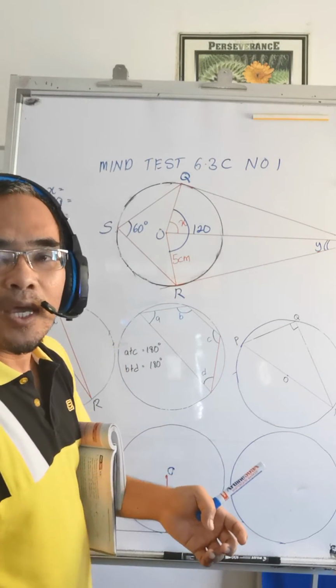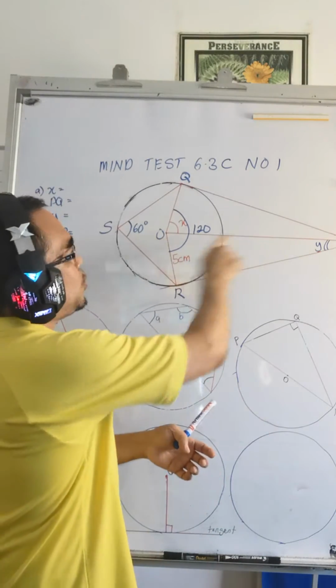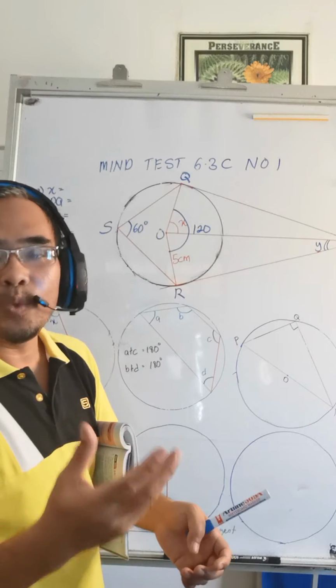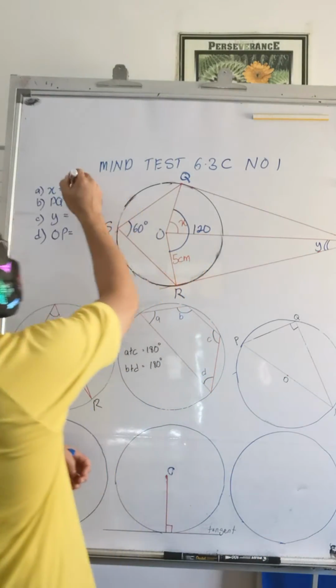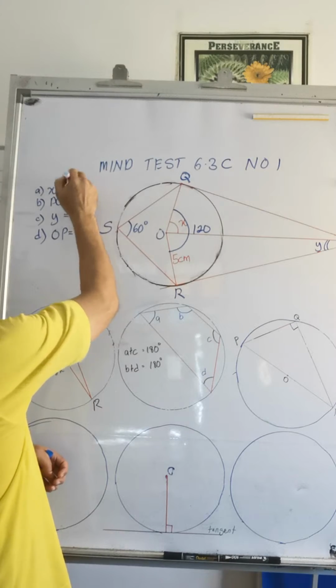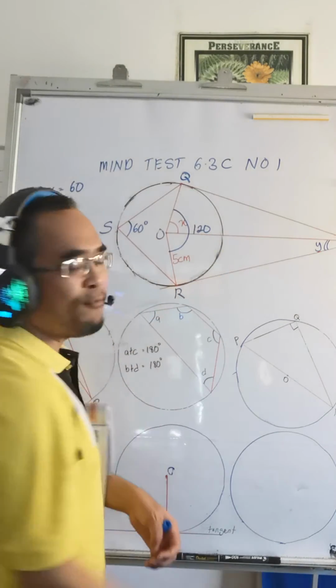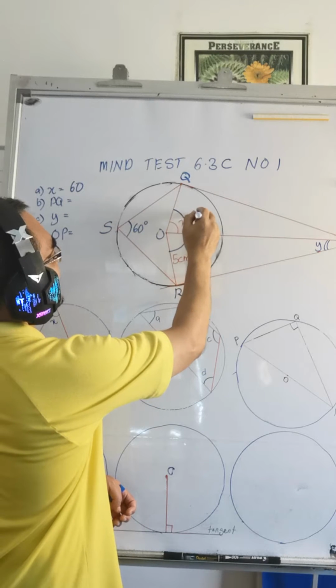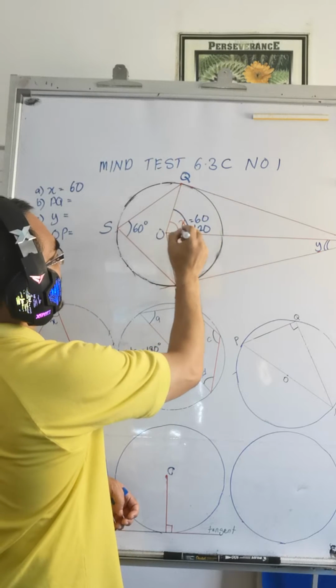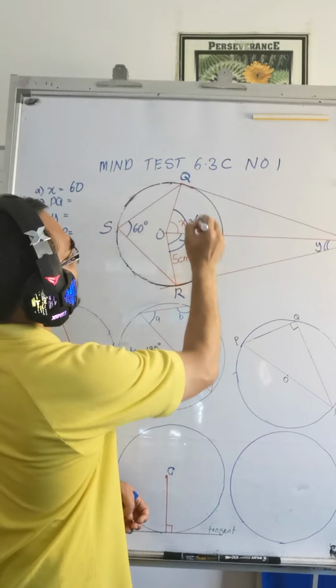You will find that OP cuts it into half. So the value of X will be 60 degrees, that is 120 divided by 2. Below here will be 60 degrees also.